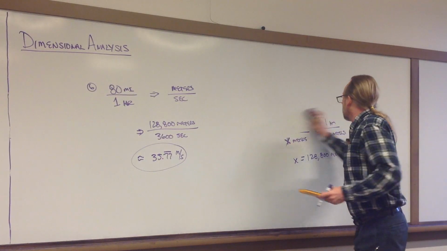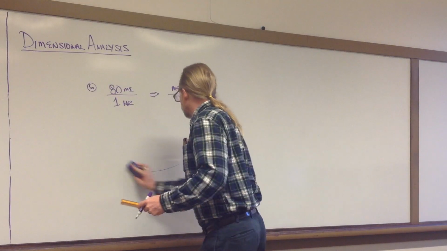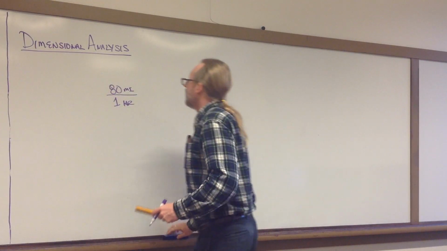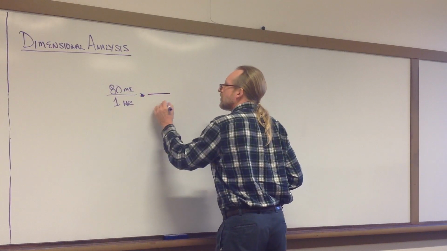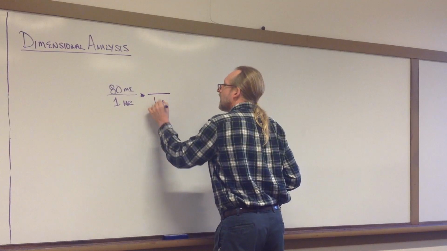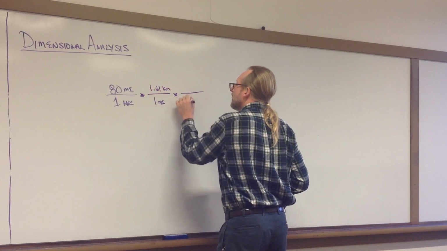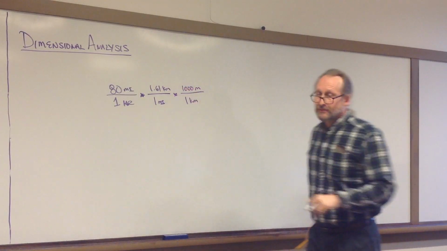And remember, this is set up opposite of the way that those proportions are set up. So, I'll convert the miles into meters by saying 1 mile is 1.61 kilometers. And then we know that 1 kilometer is 1,000 meters.